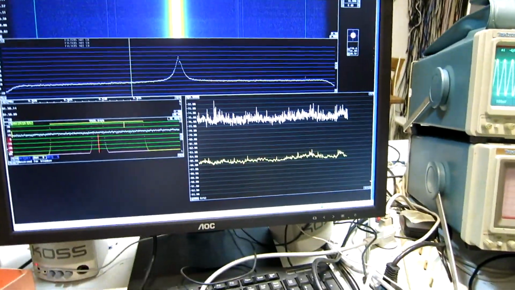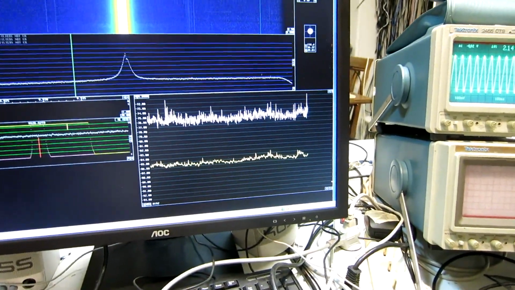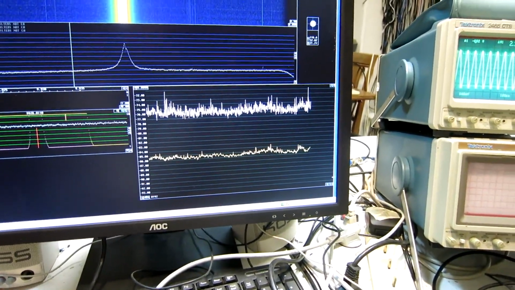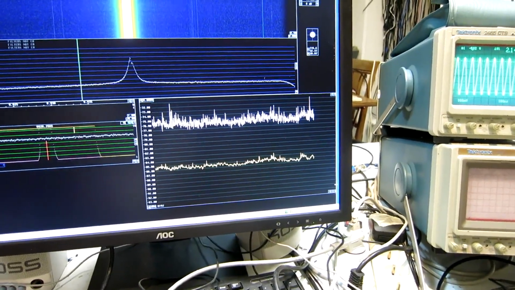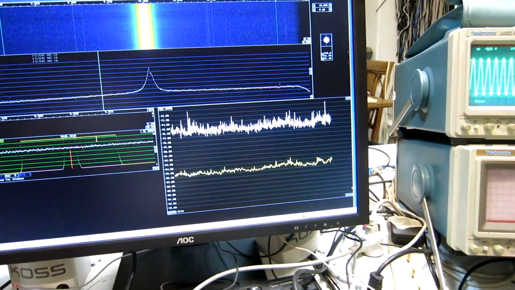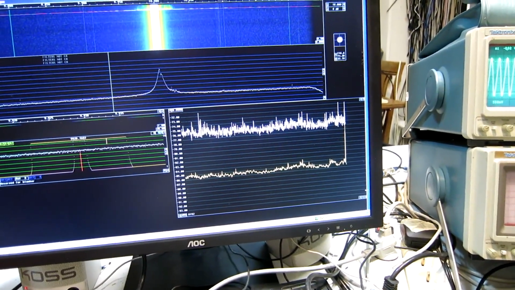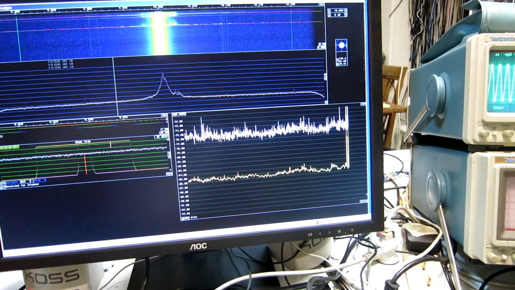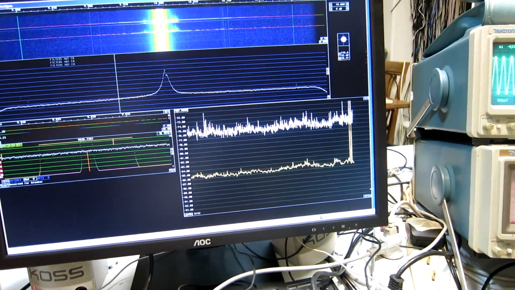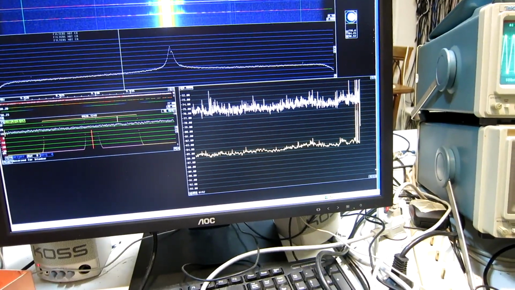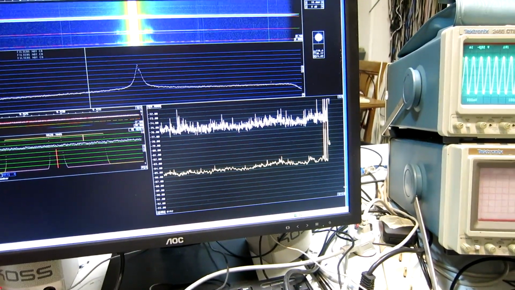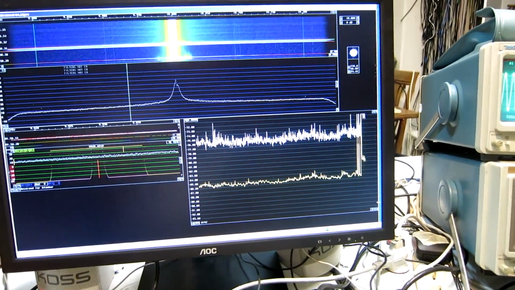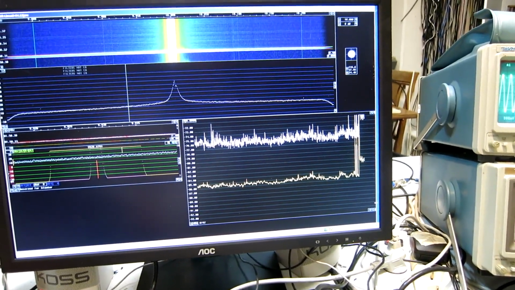I have replaced the switch, but there is obviously a stability issue still in this unit. So I bang on it. Oops. Now it's much worse.